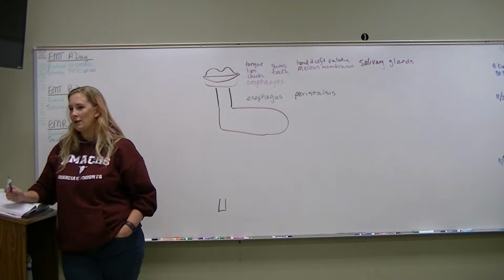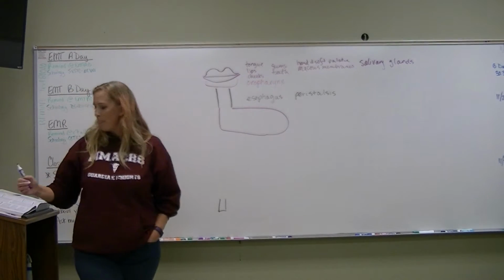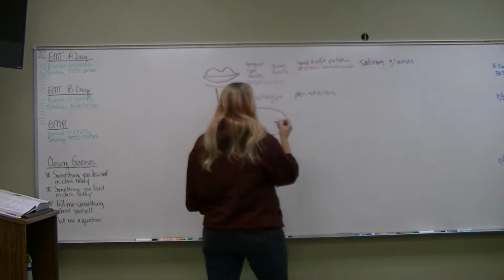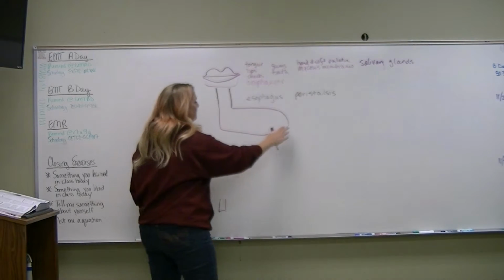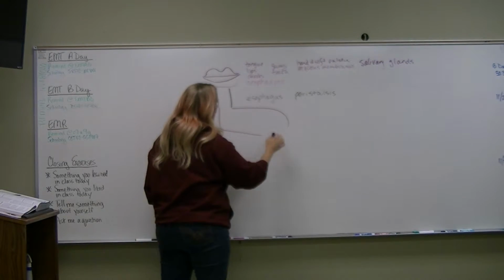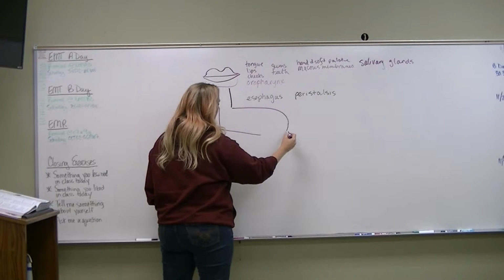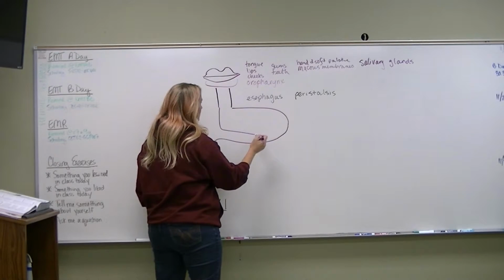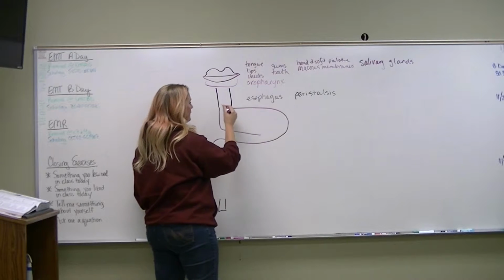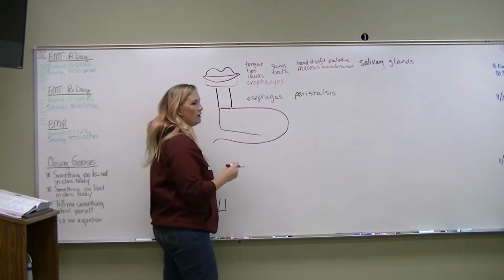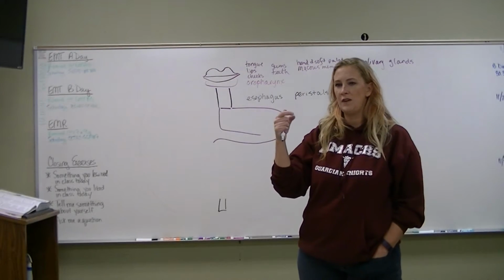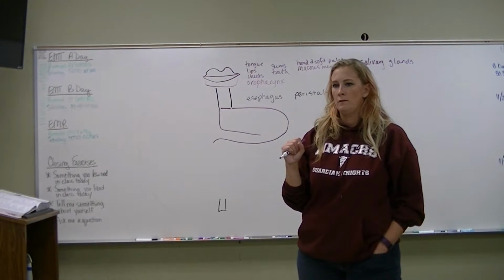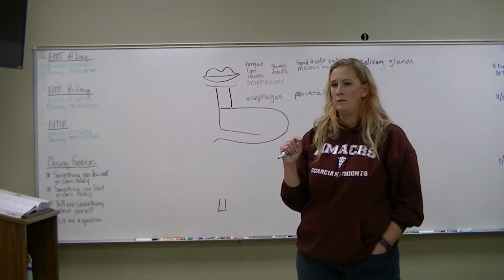So our food bolus has gone from our mouth through our oropharynx into our esophagus. What is this valve right here called, going down into our stomach? There's a sphincter there. Right there.